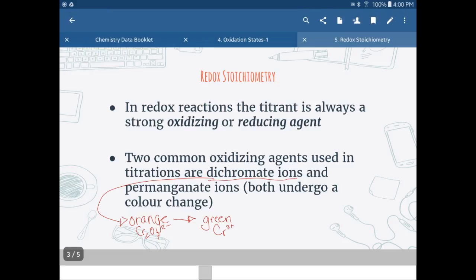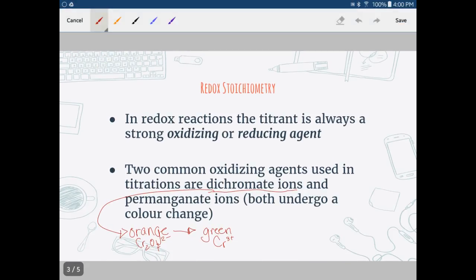Now, permanganate ions change from purple, kind of a purple-pink color, and they turn to colorless when they are reduced. So again, this is purple as permanganate, and it turns colorless as manganese, usually manganese 2+. So these are agents that undergo a color change, which is why we tend to use them in our redox stoichiometry.